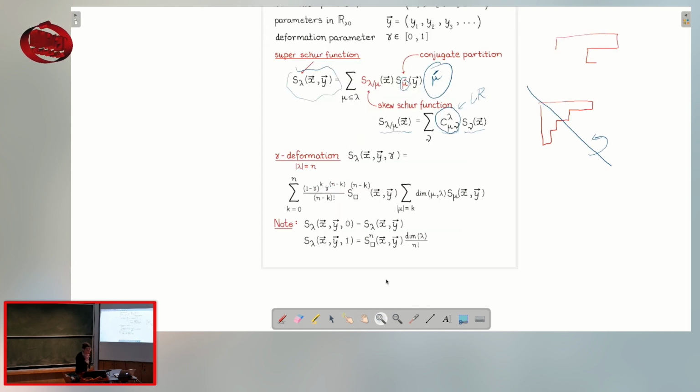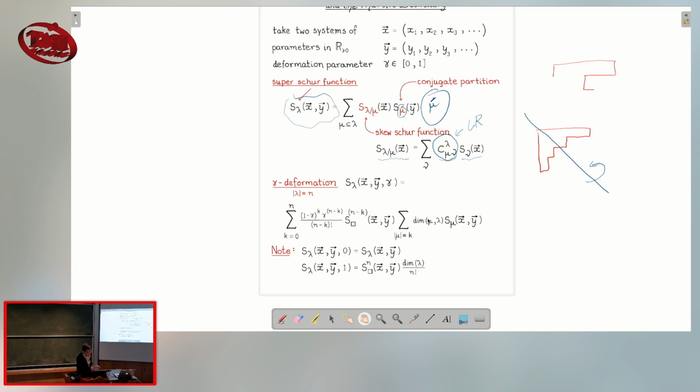And then we'll want to make this gamma deformation, which is this kind of binomial thing.